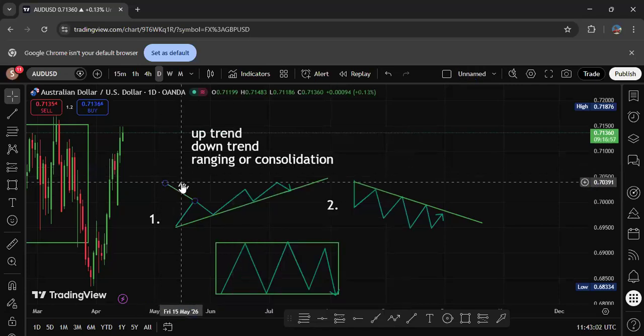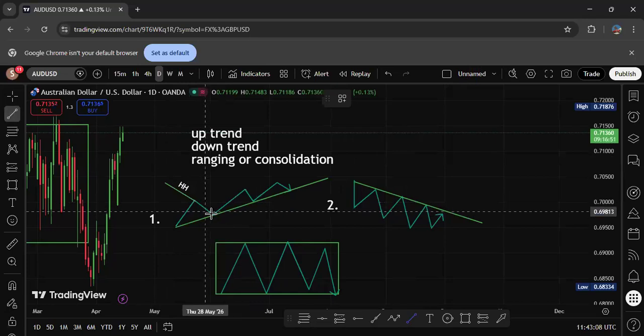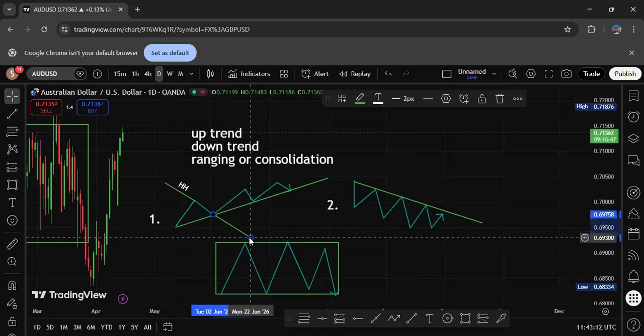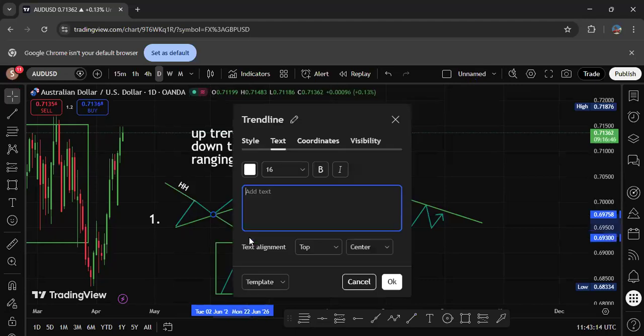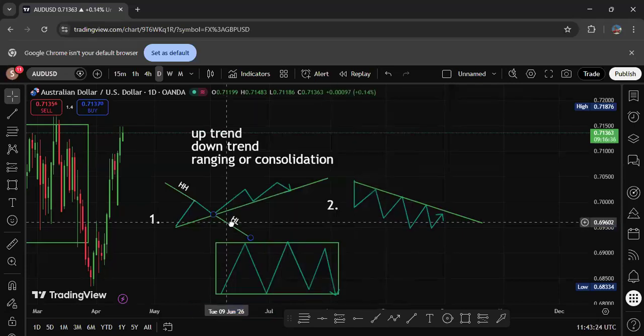It means higher high. Then if you see something like HL, that's higher low. Something like HL, so that's higher low. So you can see it. This is a higher low.